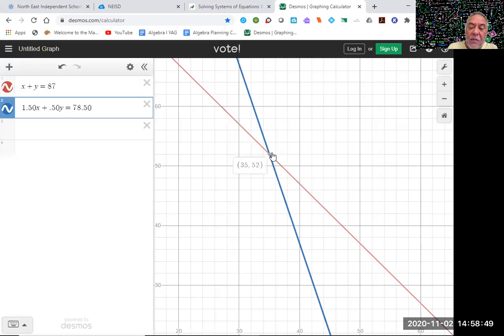And if you add those up, 35 and 52 is 87. And if you multiplied 35 by $1.50 and 52 by 50 cents, you would get $78.50. And that's how you do that kind of particular word problem.